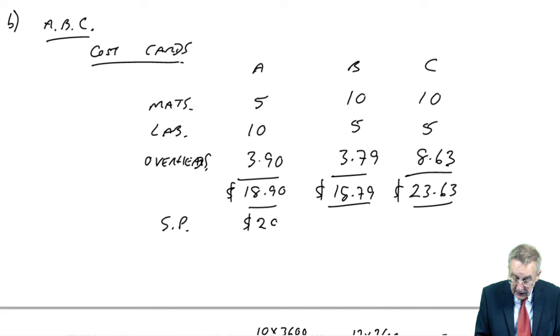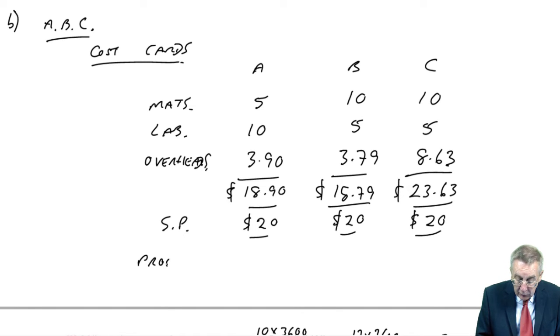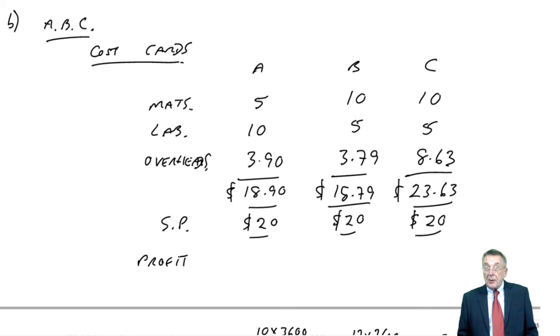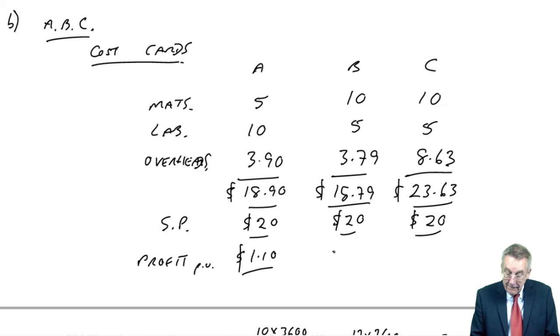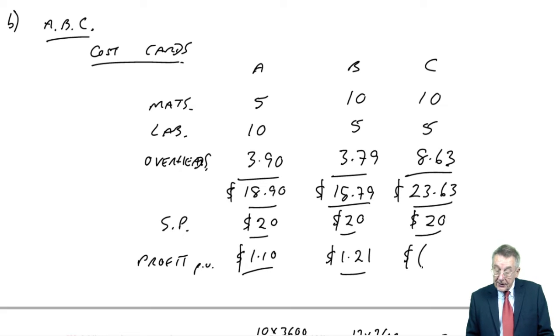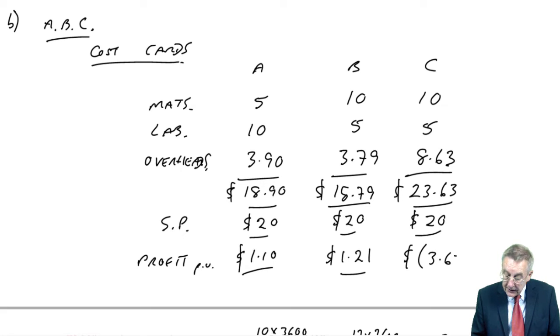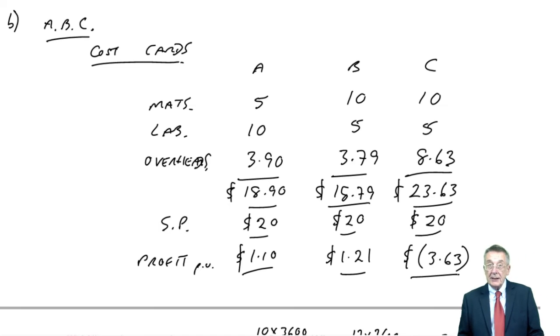It was $20 a unit. And therefore, with this approach to the costing, we end up reporting a profit for A of $1.10 per unit. For B, $1.21. And C would appear to be loss-making, a loss of $3.63 per unit.